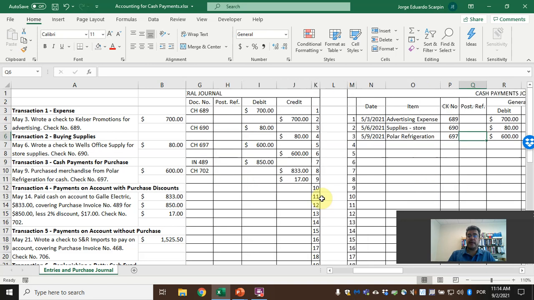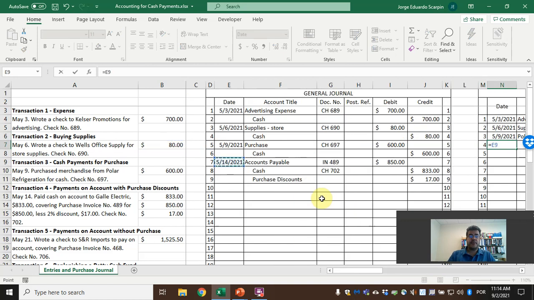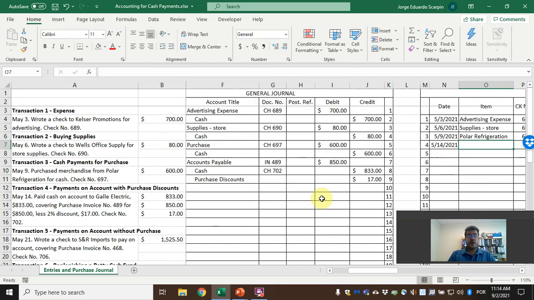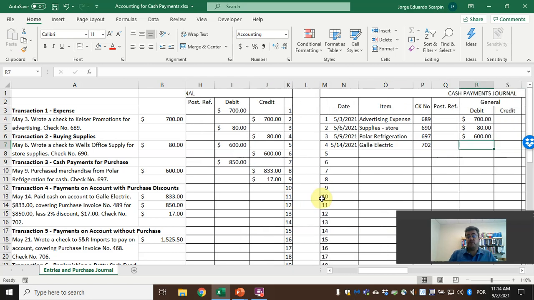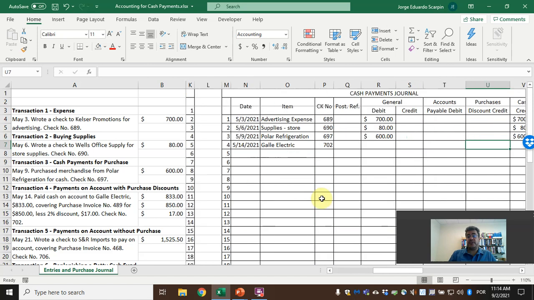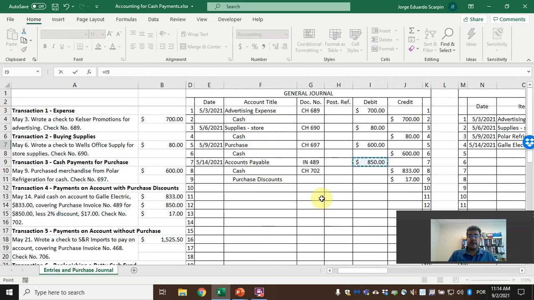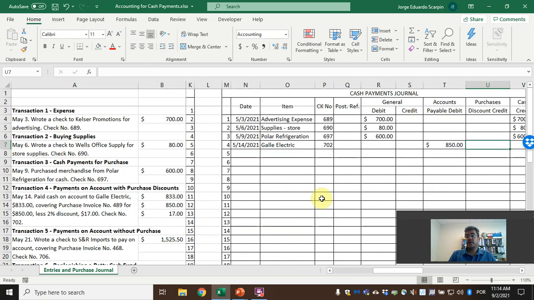So cash payment, May 14th. Who are we paying? Gale Electric. Check number 702. We are paying general. No, it is not general account. It is accounts payable. How much are we debiting? We are debiting $850.